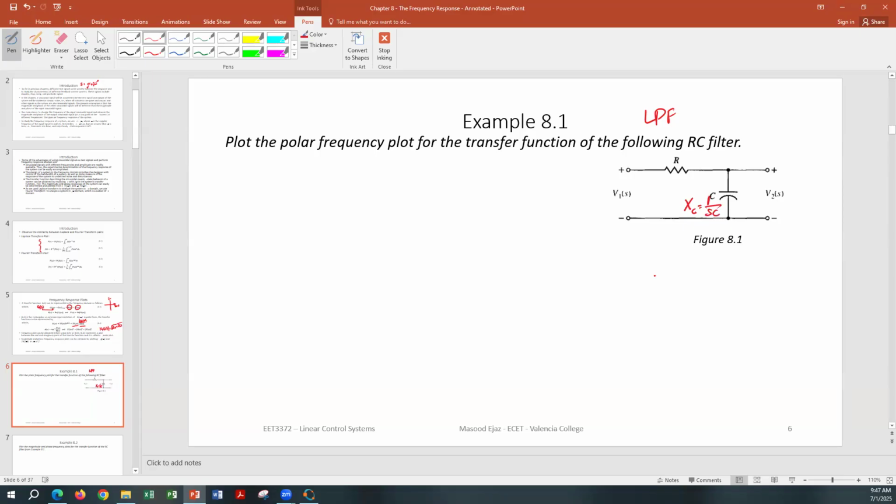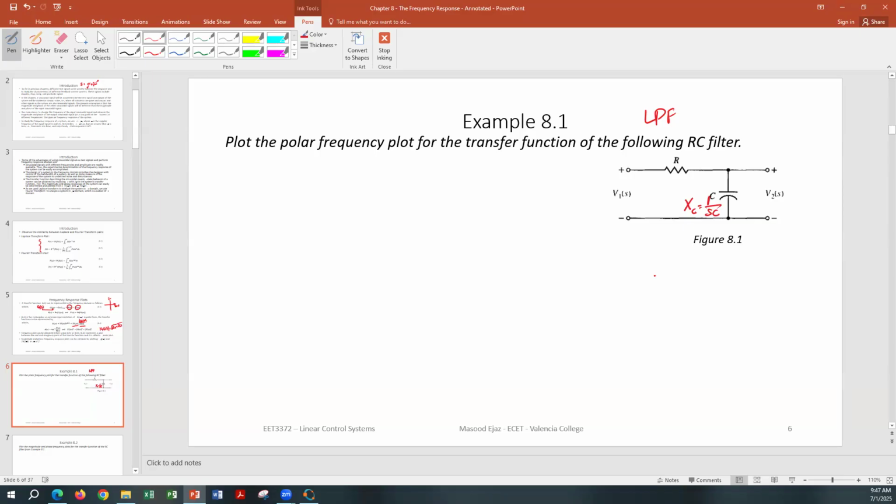Remember, S is j omega. I think it's one of the problems we did earlier in chapter 2 or chapter 3. In the Laplace domain, the reactance of the capacitor is 1 over SC, and the reactance of your inductor is SL, because S is j omega, remember, right?